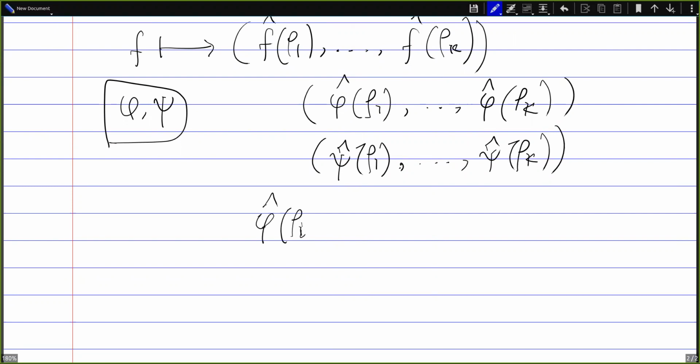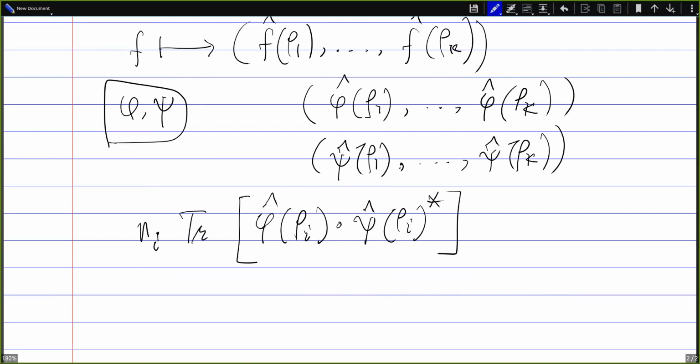So the formula says the following: phi hat rho i composed with psi hat rho i star is a linear operator on W i. We shall consider its trace, multiply it by n i, which is the dimension of W i.